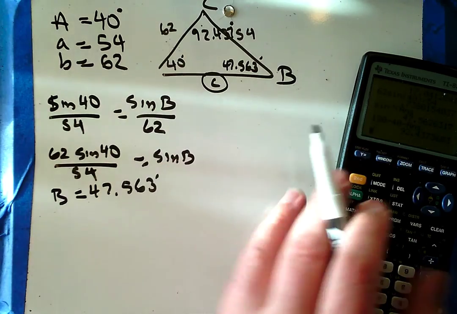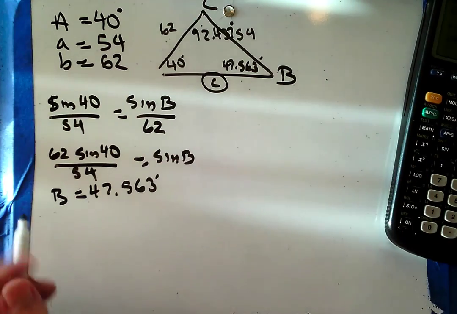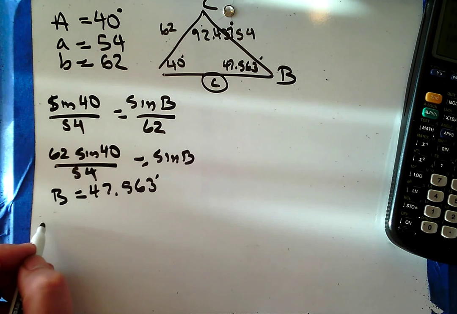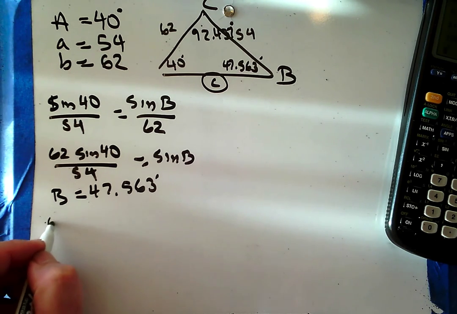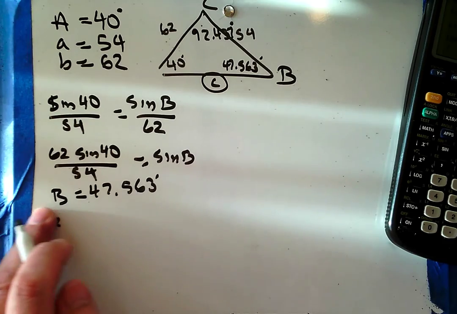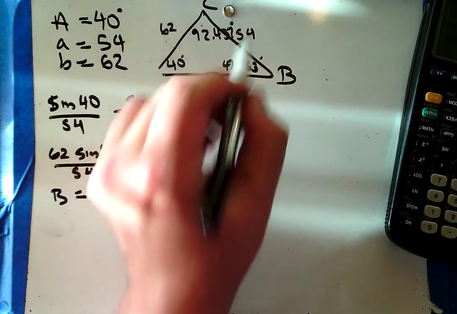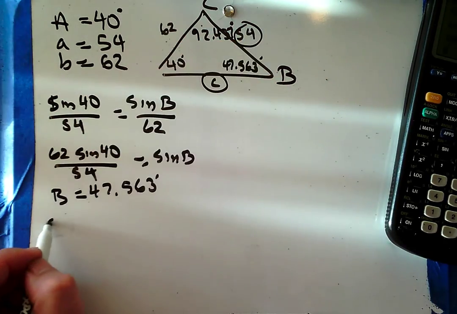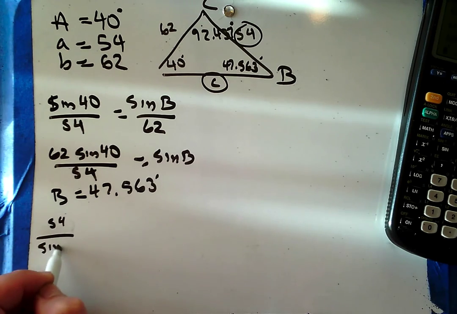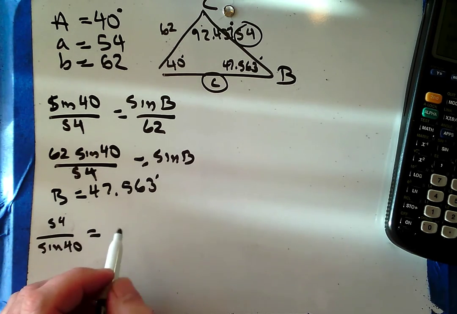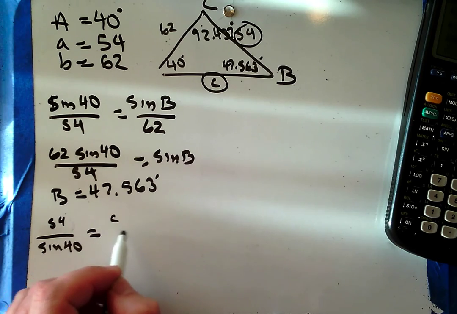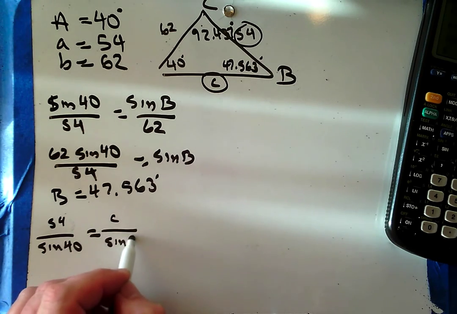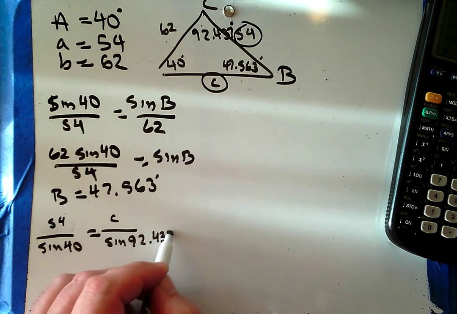I still need to find little c, so I'm going to do a law of sines for that. I'm going to say 54 over sine of 40 equals little c over sine of 92.437.